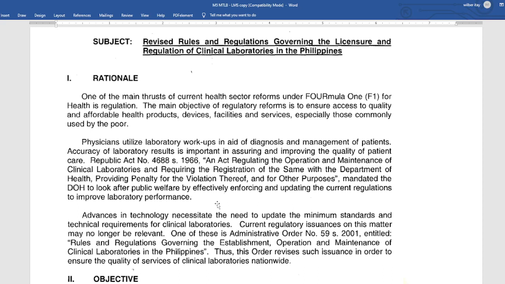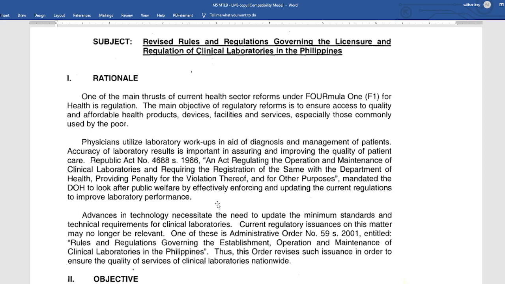Why is it that rules and regulations are important in the practice of these clinical laboratories? Take note, guys, that their purpose is for public health.